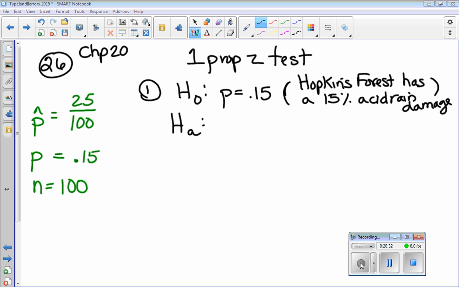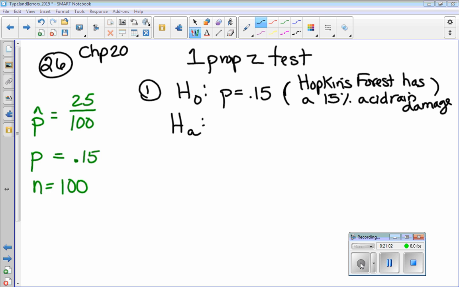Now, we know that our sample doesn't show 15%, but that doesn't mean our sample is completely representative of the whole population. We don't know. That's what we're doing a test to see. Now, for the alternative, you have to read the question. If you read the last sentence, it says, does the sample suggest that trees in the Hopkins Forest are more susceptible than the rest of the region?